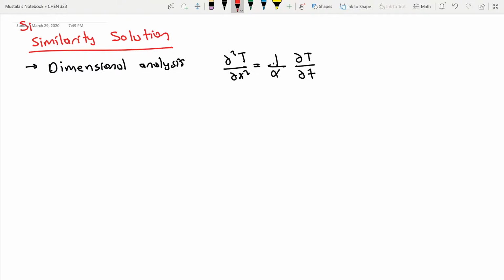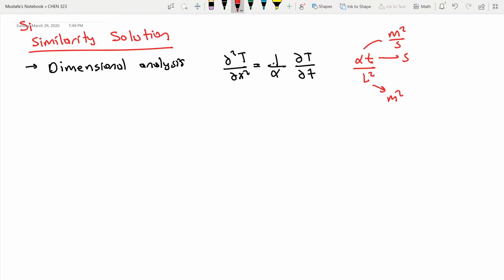If you do a dimensional analysis in this system, you'll see that there is a dimensionless number, which is alpha times t over L squared. Alpha is thermal diffusivity. Its units are meters squared per second. Time, units second. Length, the units is meter. So as you can see, this is dimensionless.